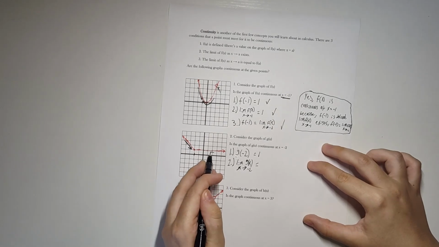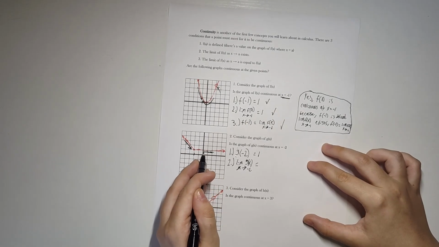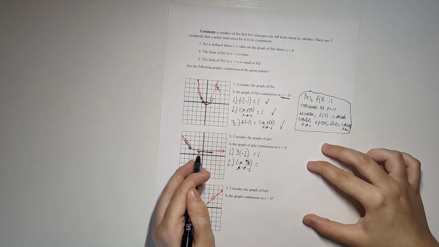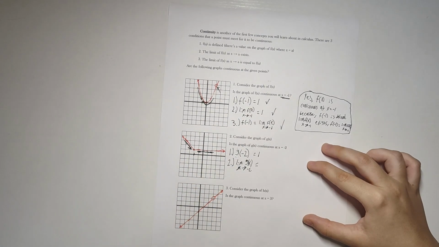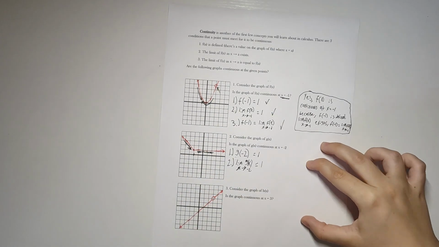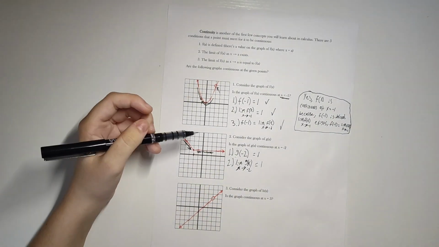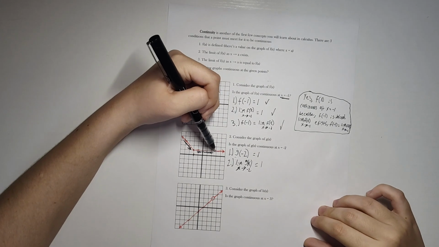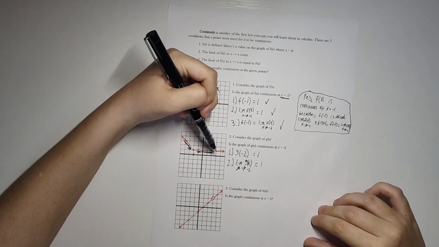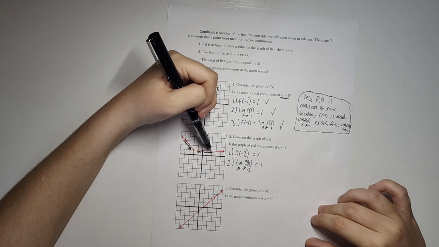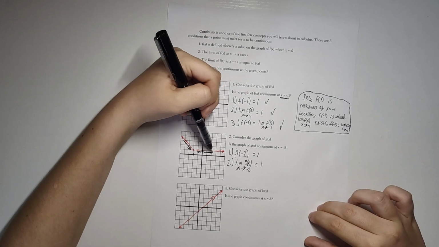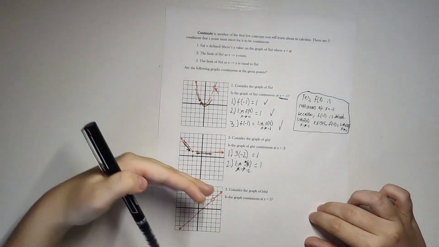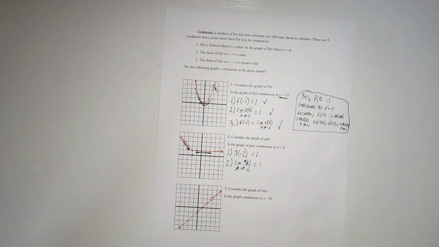Closer and closer from the right as x approaches -2, the closer and closer y gets also to 1. So the limit of g of x as x approaches -2 equals 1. And even though our y value already is at 1, we still say that it is approaching 1, even though this is, of course, just a line that's parallel to the x-axis.